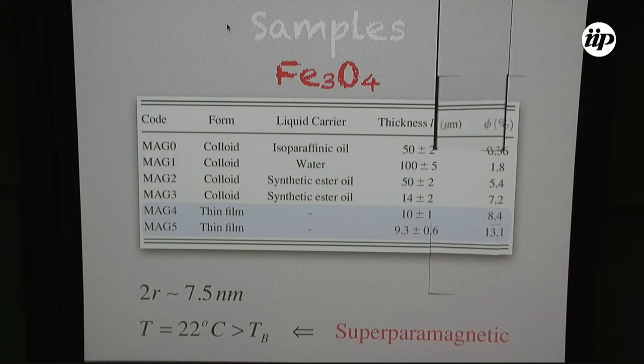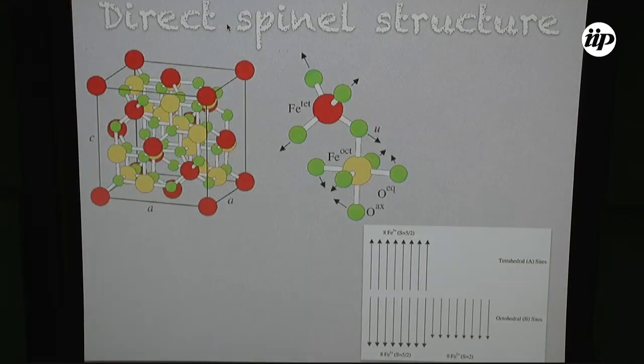Well, so this is basically the structure of magnetite. It has an inverse spinel structure, with oxygens in octahedral and tetrahedral symmetry here, and the magnetic moment comes essentially from this part of the sample, because this one will be canceled by the other one.